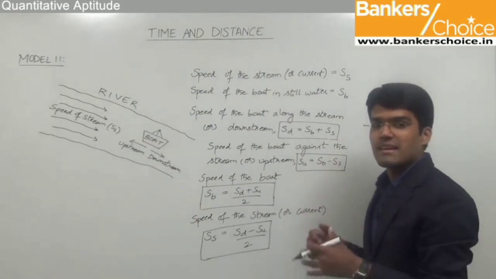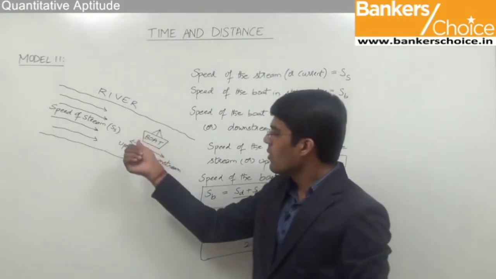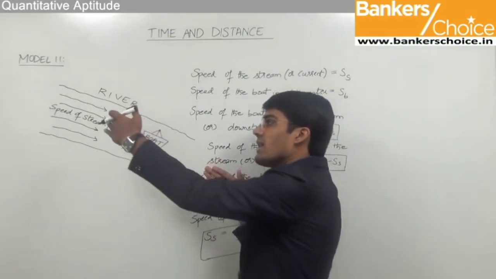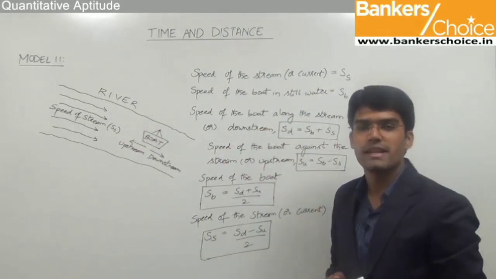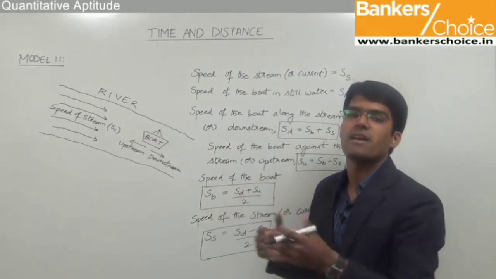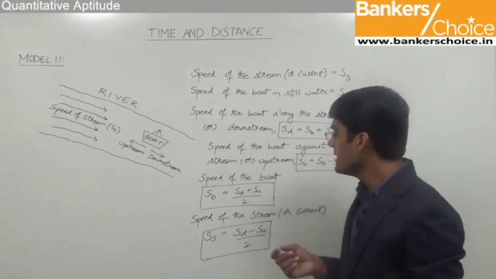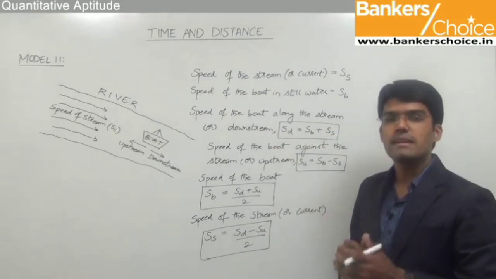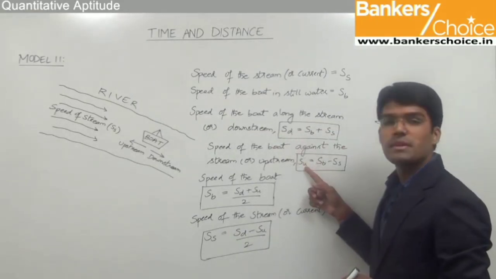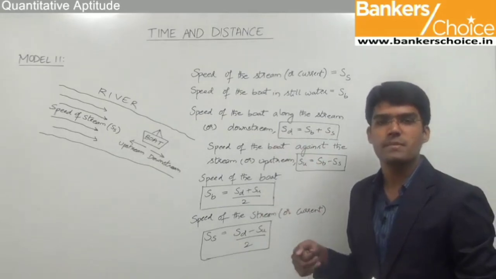Why? Because it is a reduced speed. Similarly, when the boat goes downstream, the water is now coming from behind and it pushes the boat in the forward direction. That is, it is helping the boat move faster. So as the speed has increased, for downstream we take it as the sum of the speeds. So let me make it clear, don't compare these two speeds, downstream speed and upstream speed, with the concept of relative speed.